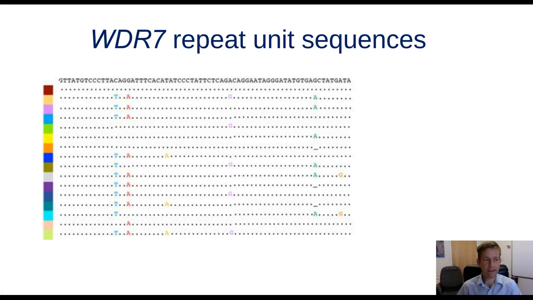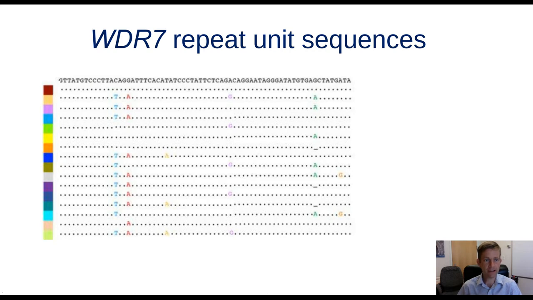The first thing we wanted to do was to look at the potential internal sequence at each repeat unit. Again, the WDR7 repeat is 69 nucleotides in length. Of those 69 nucleotides, in color, if there's a dot, it's the same as the consensus sequence. If there's a color, it means there's a base pair change.